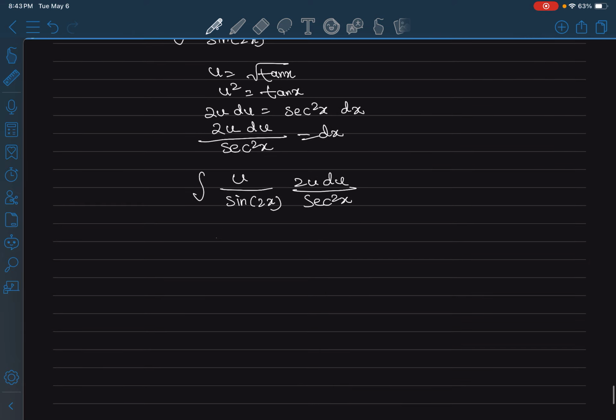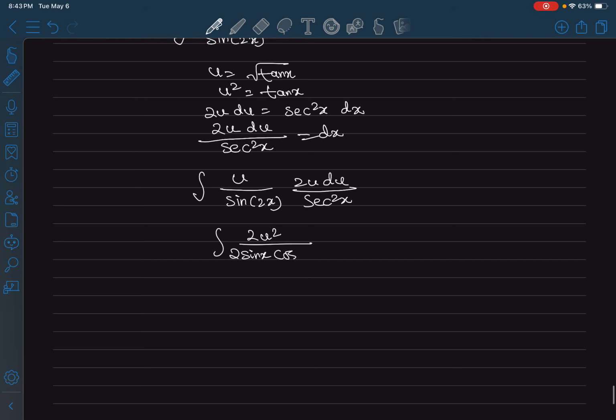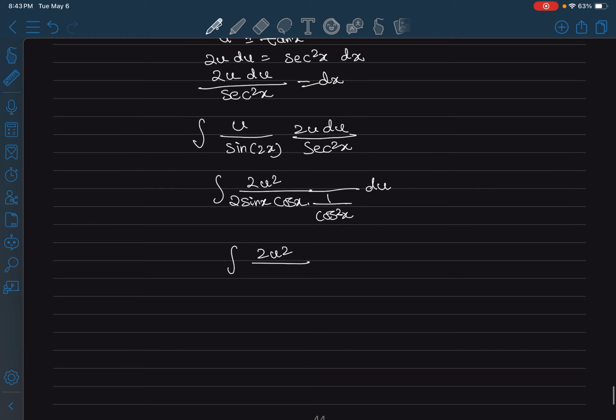Now you can break the sine 2x, which gives you 2u squared. This is 2 sine x cos x, and sec squared x is 1 by cos squared x, and then du, right? Now this will become 2u squared by 2 tan x, du. The 2 cancels out.